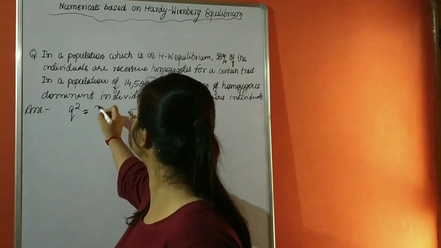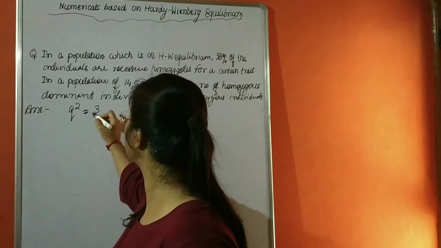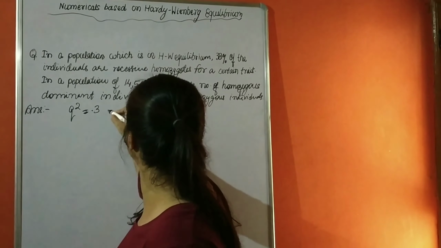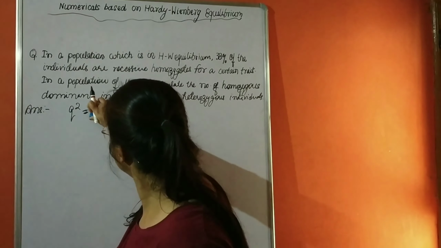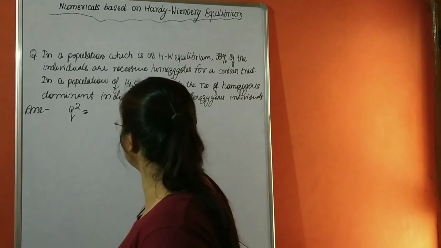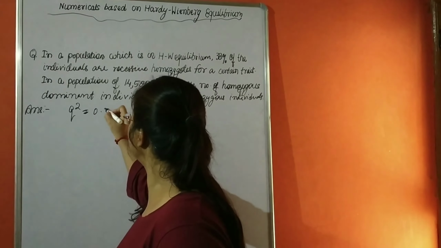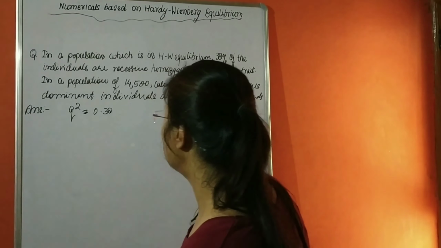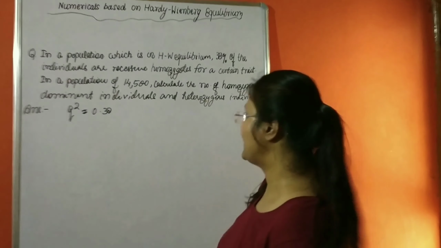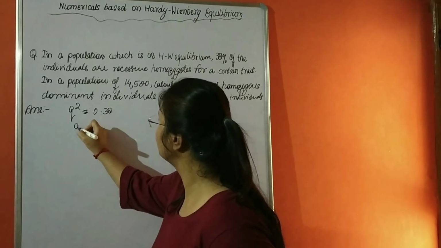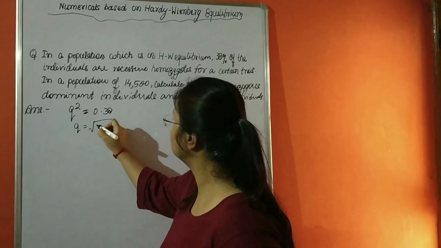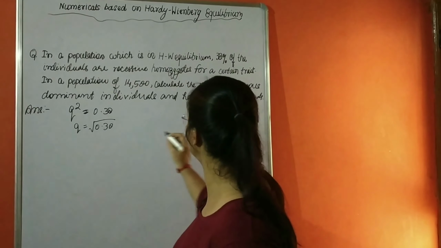So q square is 38%, that means 0.38. So here q will be root 0.38.